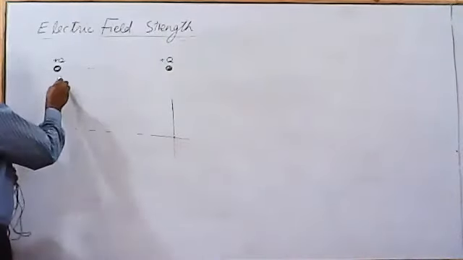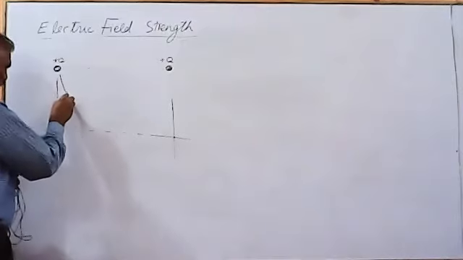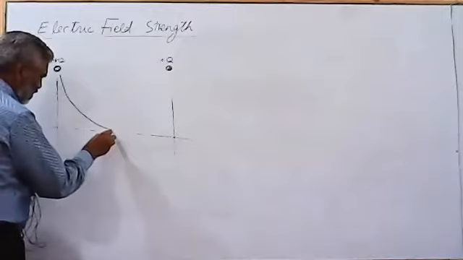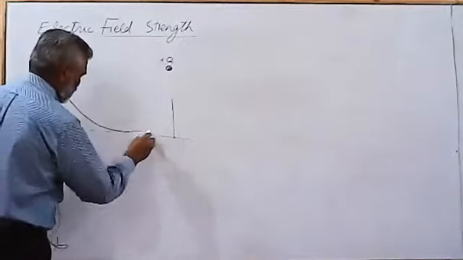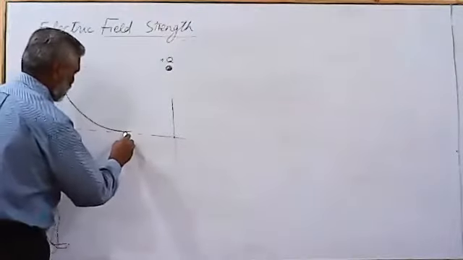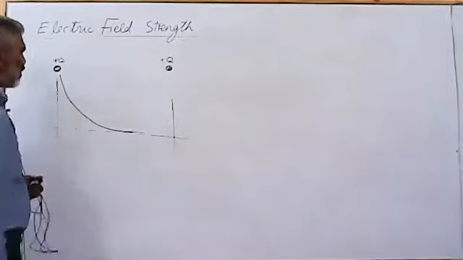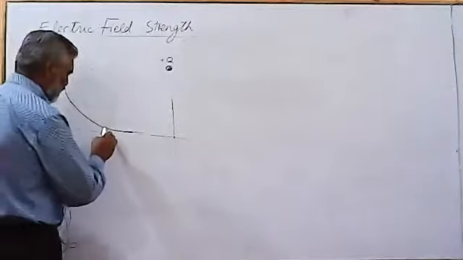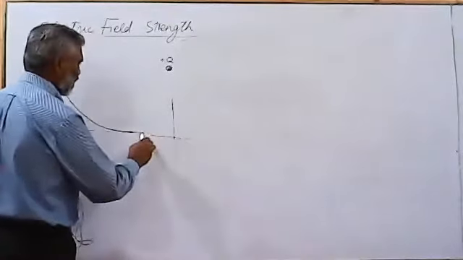So it starts from a very large value, theoretically infinite, and it drops in this manner. And it gets like this, almost touching it, but theoretically at infinite distance it should touch it. So no need to touch this line, just make it as close as possible and then leave it.